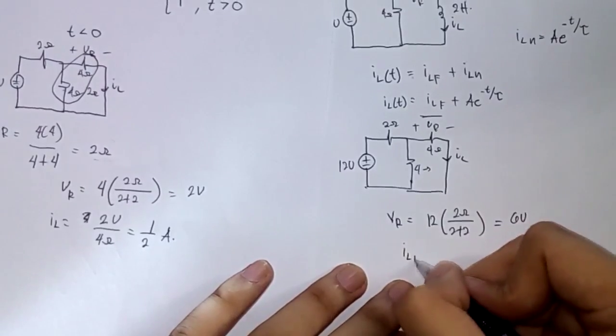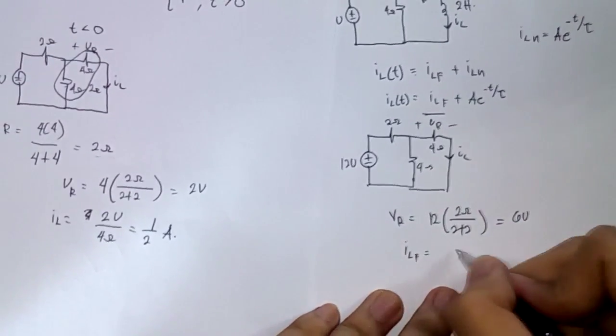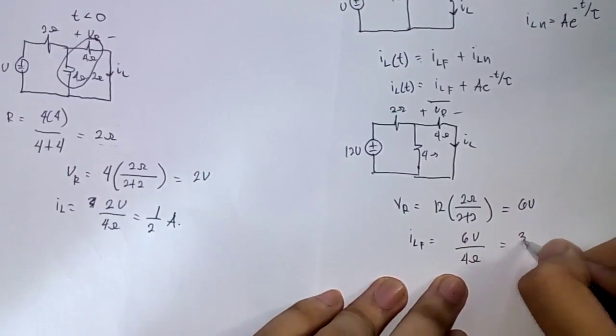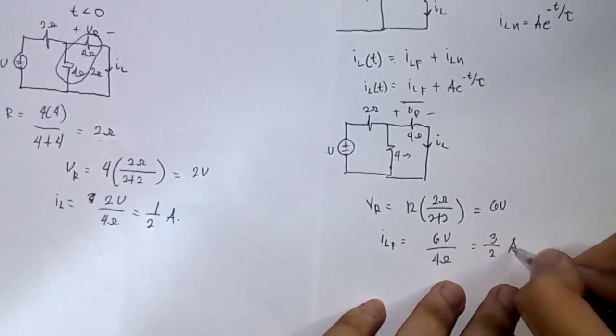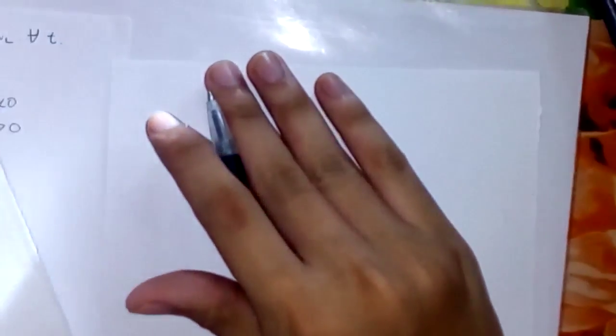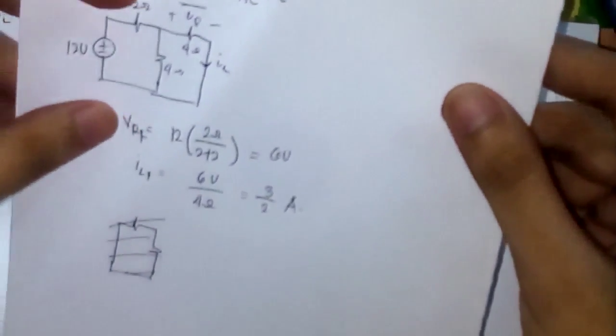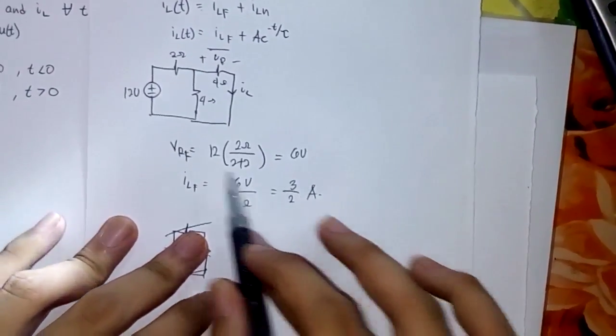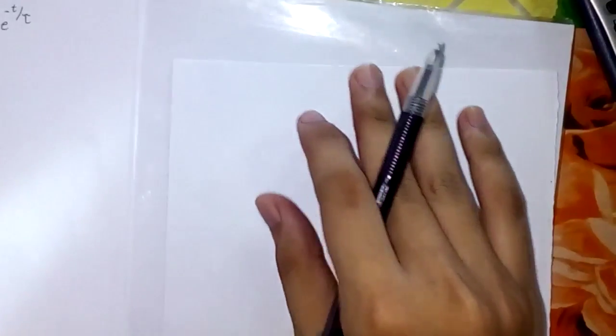So our IL here, or ILF, would be equal to 6 volts over 4 ohms, which is 3/2 ampere. So now we need to get the value of our VR and IL at natural response. ILF is 3/2 ampere, and VRF is 6 volts.